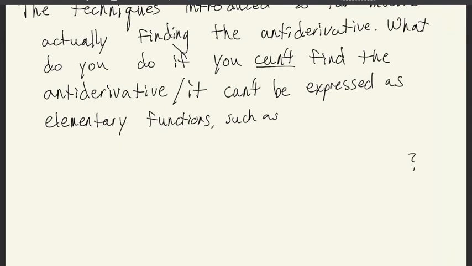So examples of functions that you cannot find the antiderivative of would be the integral, grab the pen, the integral of e to the x squared dx. You can't integrate that. The integral of the square root of 1 plus x to the 4th.